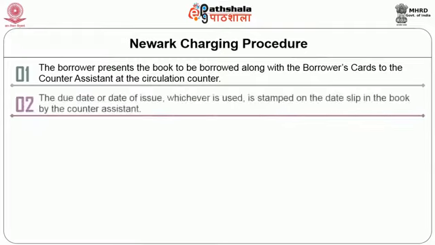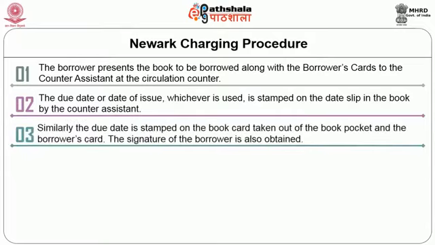The due date or date of issue, whichever is used, is stamped on the date slip in the book by the counter assistant. Similarly, the due date is stamped on the book card taken out of the book pocket and on the borrower's card. The signature of the borrower is obtained.